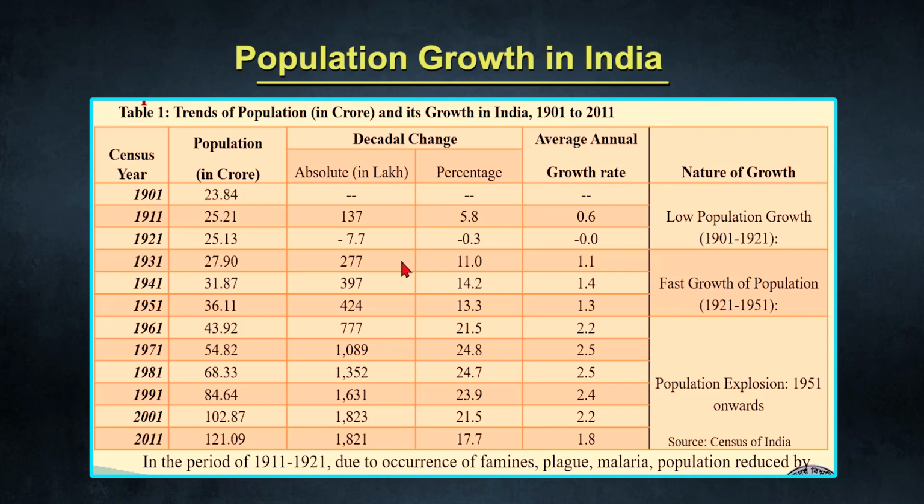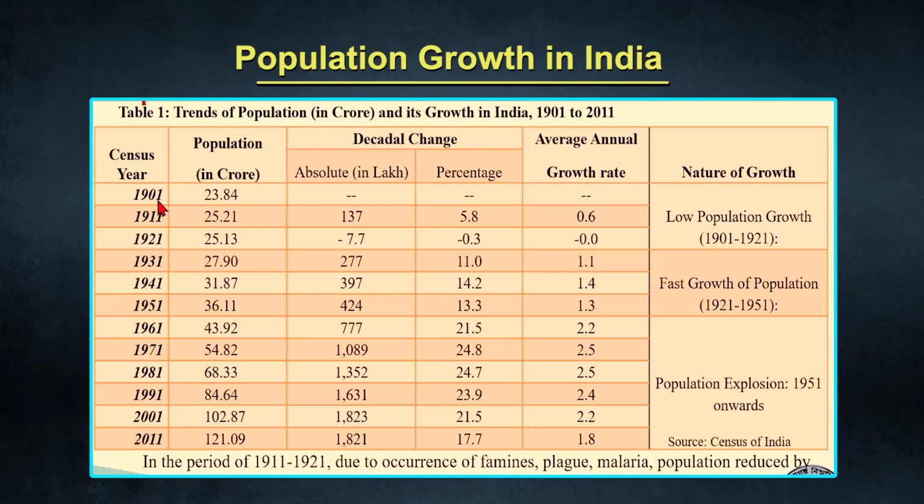The period of 1901 to 1921 is treated as the low growth of population, whereas the period after 1921 up to 1951 is treated as the high growth rate of population, whereas the period after 1951 is treated as the population explosion. This can be understood if we look into the increase of the population by absolute number or its growth rate.